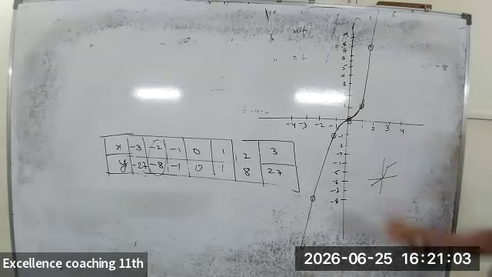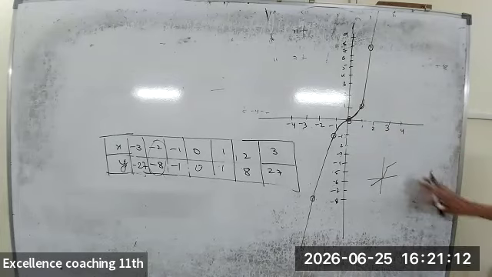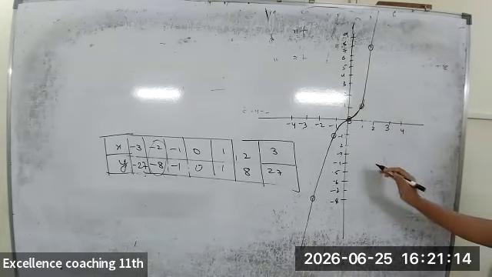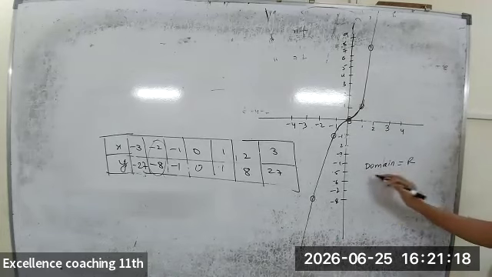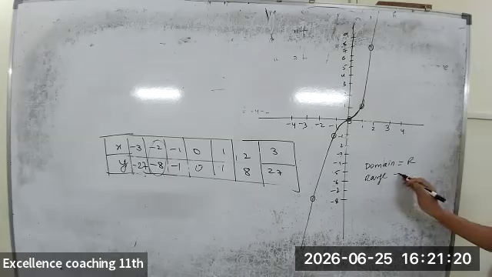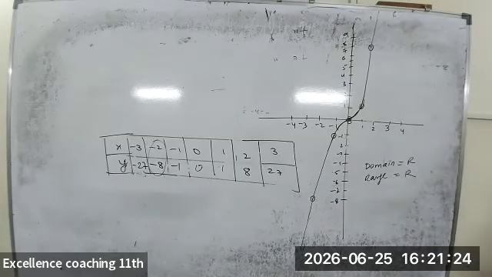Exactly like this one, so don't worry about it. Write the domain and the range. Here both positive as well as negative values are there, so domain and range both will be the same: all real numbers, minus infinity to plus infinity.